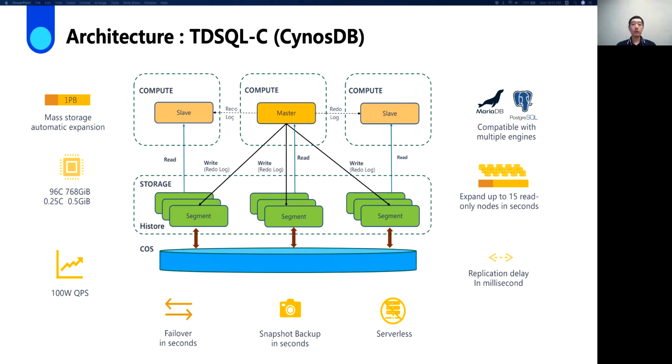At the storage layer, data is split to small pieces of segments that are organized to a set of cells. The log is dispatched to the page of specific segments so that different pages can apply the logs in parallel.